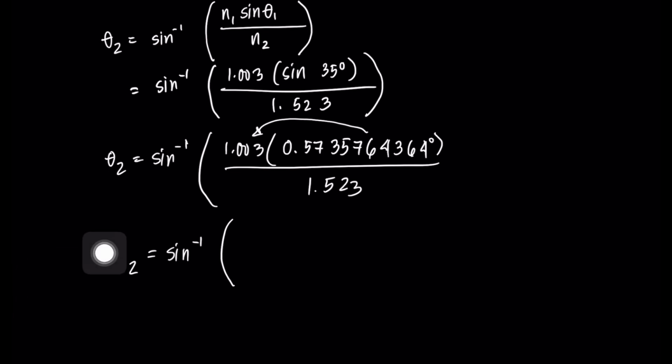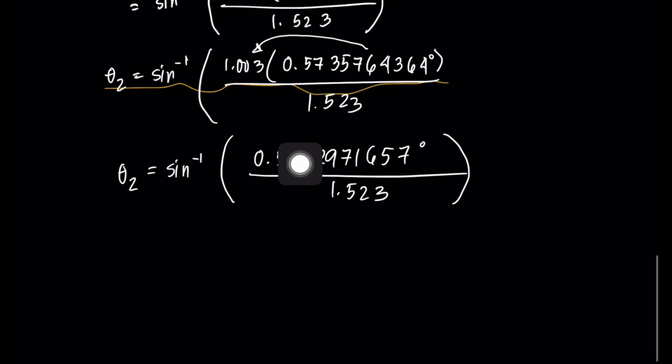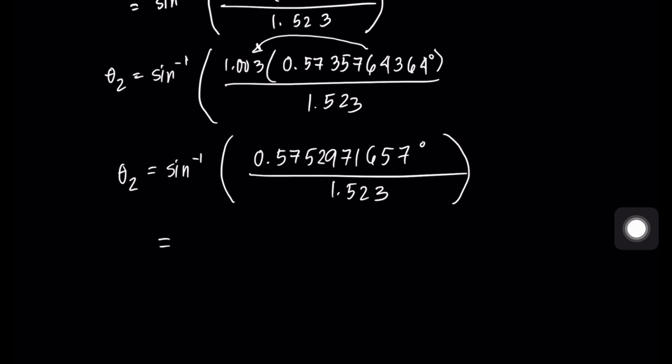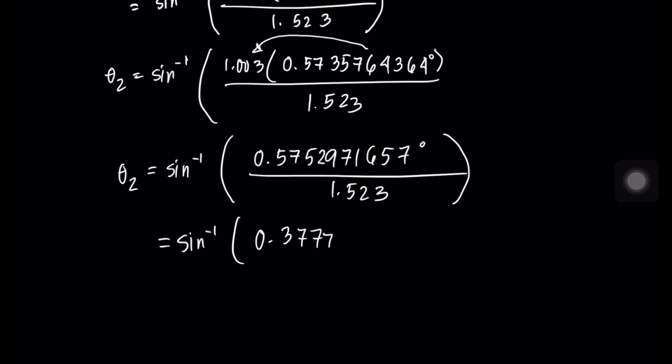Then the product of these two figures would be 0.575297167, divided by 1.523. And then afterwards, you divide this value by 1.523, and that will give you 0.377739439.